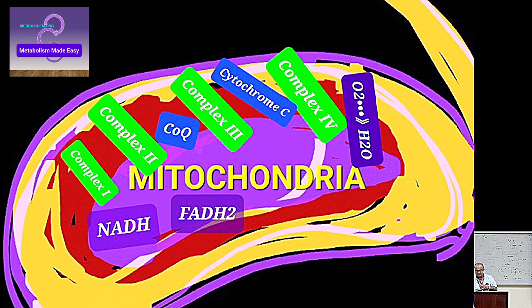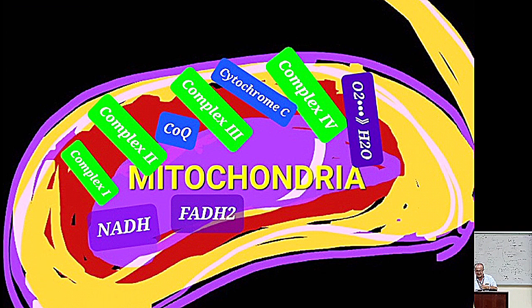Third thing is, always remember that the final acceptor is the oxygen at the end there near complex 4. And the fourth thing is really what we're going to get into the detail here, is we want to focus on what's in each complex.